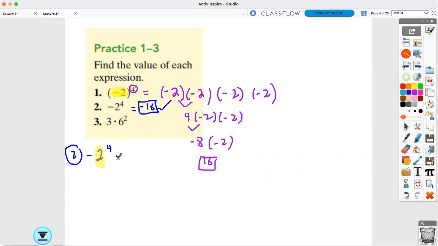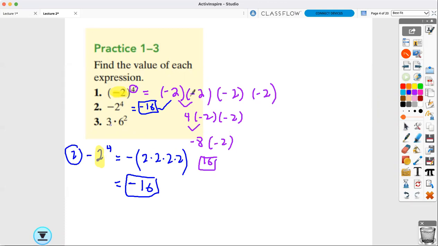So we get equals negative, parentheses, 2 times 2 times 2 times 2. The 2 is being repeated 4 times. 2 times 2 is 4. 4 times 2 is 8. 8 times 2 is 16. But what's outside of the parentheses? The negative is still there. Therefore, it's -16.